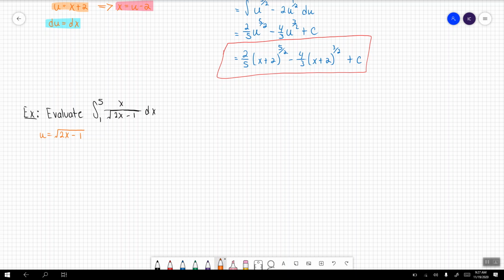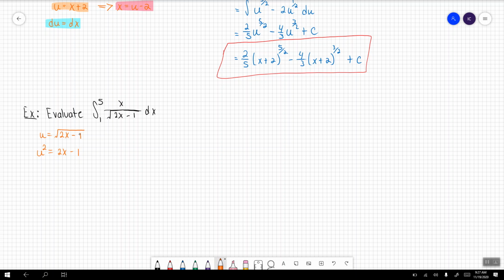What if instead of taking the derivative automatically, I don't take the derivative? What if I square both sides? Okay, well that's interesting. So squaring both sides, okay, not bad, but where am I going with this? Well, look at your numerator. Your numerator has an x.